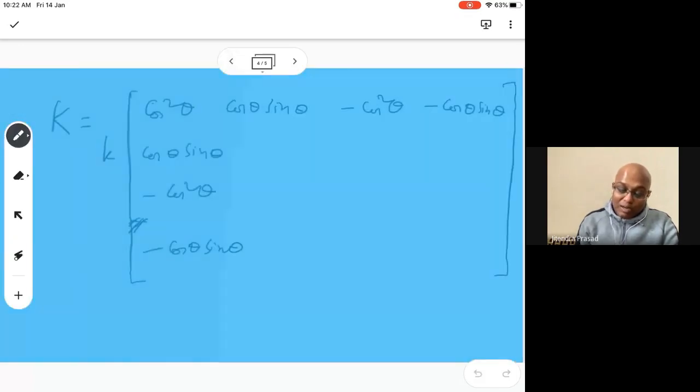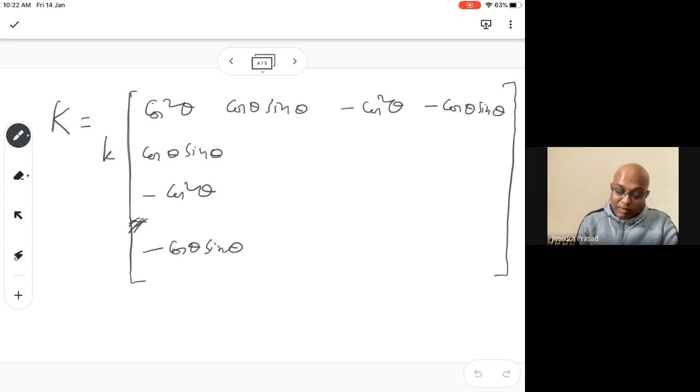So we'll go back and write: we have this already, and then we have sine square theta, then we have minus cos square theta, minus cos theta sine theta, and then we have minus sine square theta.